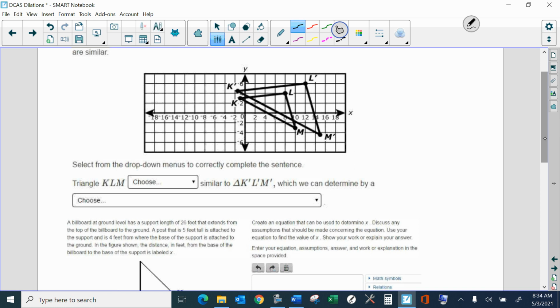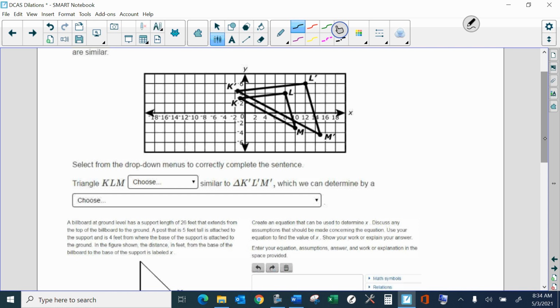And you could find a triangle similar to it, which we can determine by probably a scale factor of some number centered at the origin. That's what you're having to figure out.